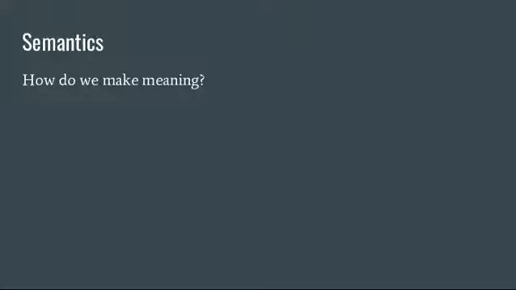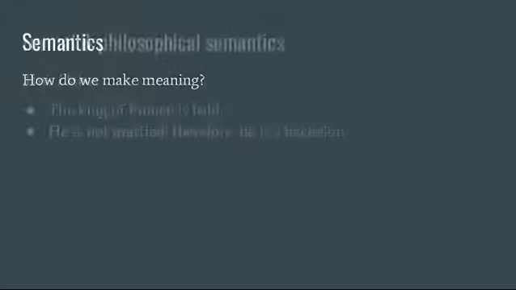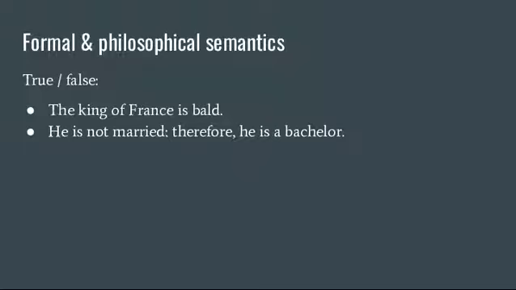So they looked at truth conditions, what are the required truth conditions for a statement to be logically true, and things like that. So let's look at classic examples of sentences that philosophers have looked at, or words.